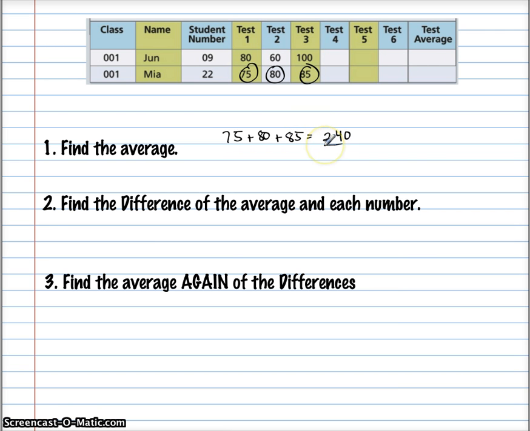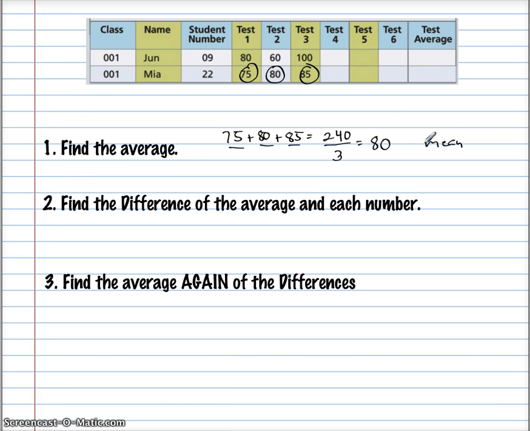And I'm going to divide that by 1, 2, 3 numbers, so divide by 3. 240 divided by 3 will give me 80. Now this is my mean, or my average.